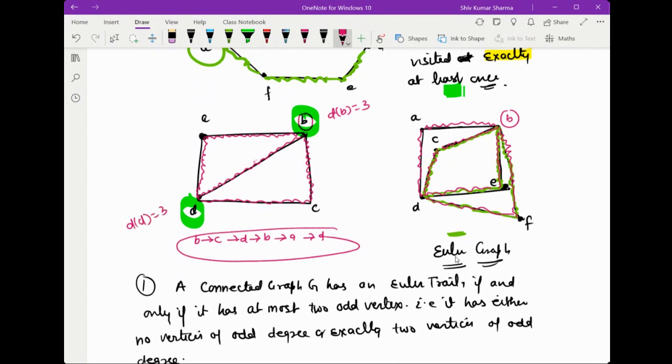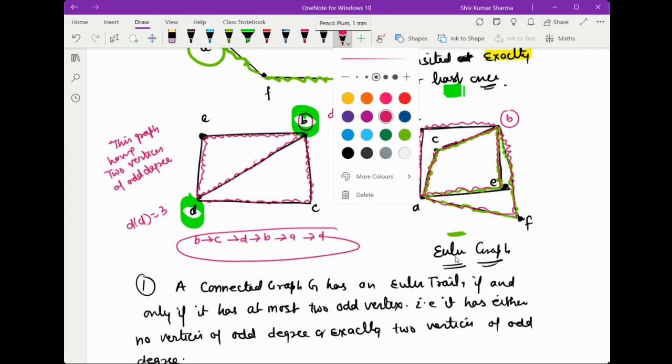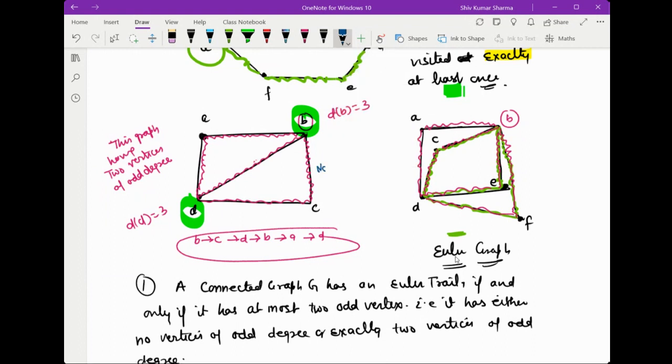So this graph has two vertices of odd degree, which means it cannot make an Euler cycle. So this is not an example of an Euler graph.